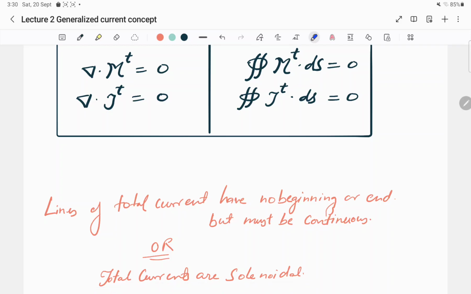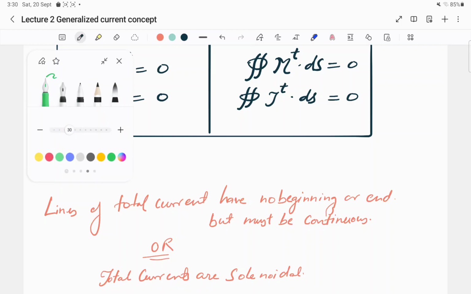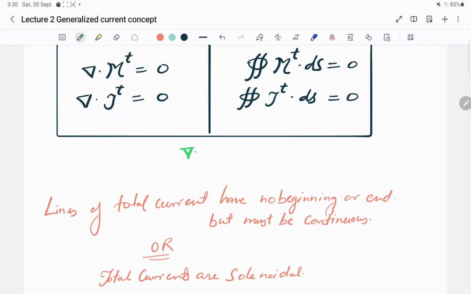As we know from vector concepts, whenever divergence of a vector A is 0, we call it solenoidal, or if the curl of any vector is 0, we call it irrotational.